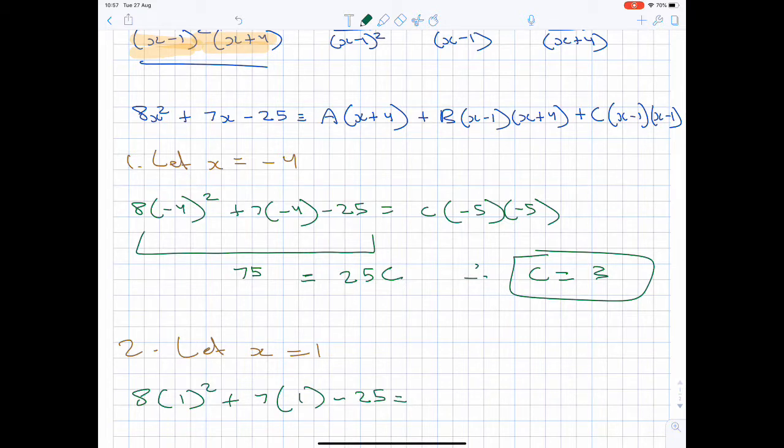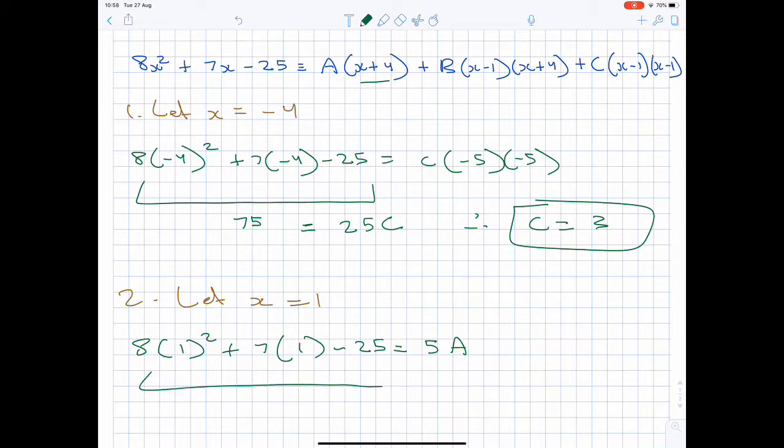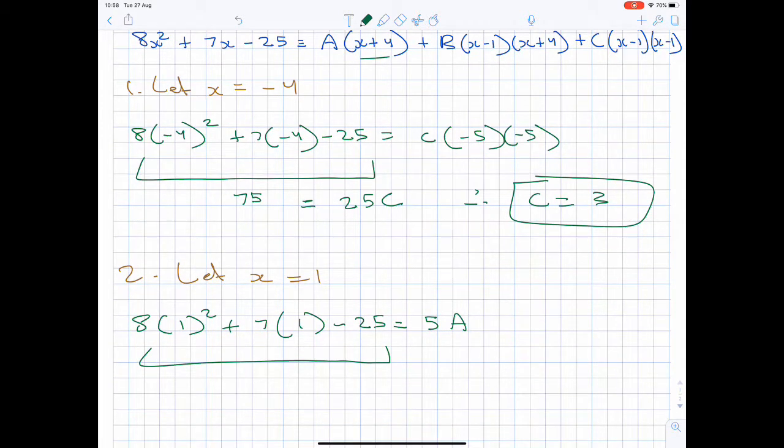As I said, B and C are just going to cancel out, so we can find A. That's going to be 4 plus 1, which is 5A. Once again, left hand side, that's just minus 10, and 5A. Divide through by 5, we can see A would be minus 2.